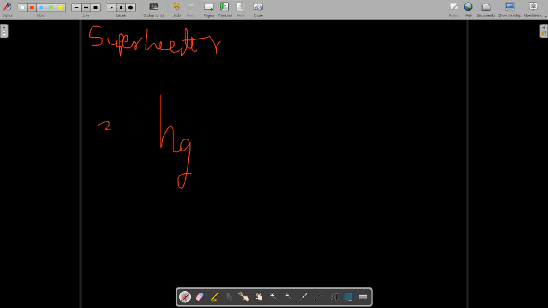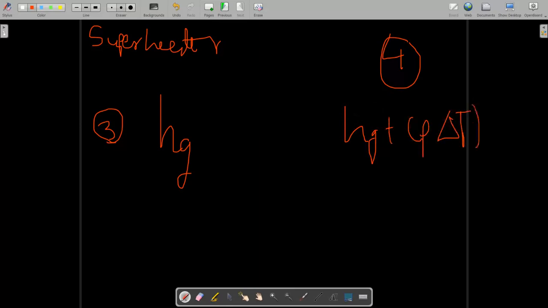This is at condition number 3, and at condition number 4 the enthalpy will be Hg plus Cp into delta T. Delta T is the difference between the superheated temperature and the saturation temperature. So when you take the difference, this much heat is given in the superheater.